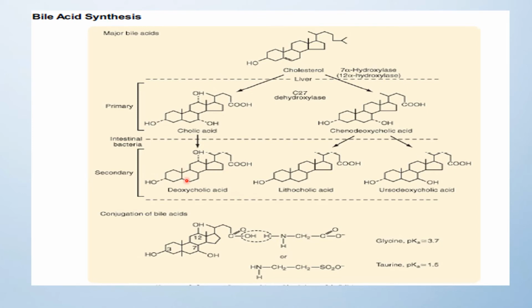There will be conjugation with either your glycine or your taurine, which significantly decreases their pKa, and that will result in bile acids that are almost totally ionized at the pH prevailing in the small intestinal lumen, and thus cannot passively traverse cell membranes. So this one, once conjugated, cannot traverse intestinal cell membranes.